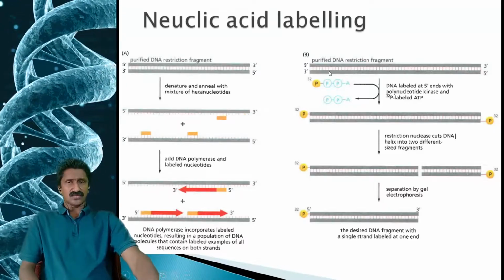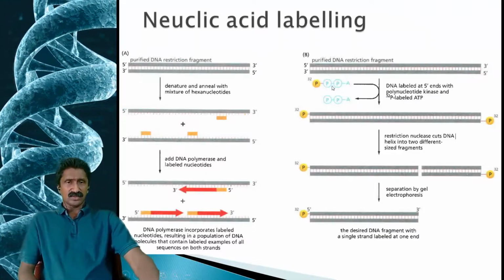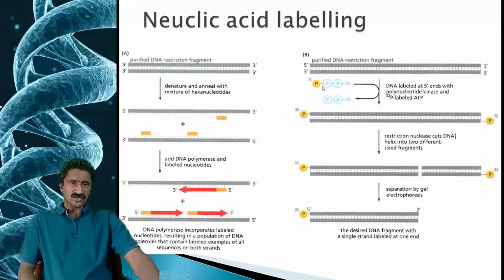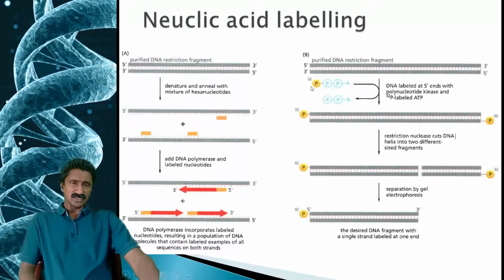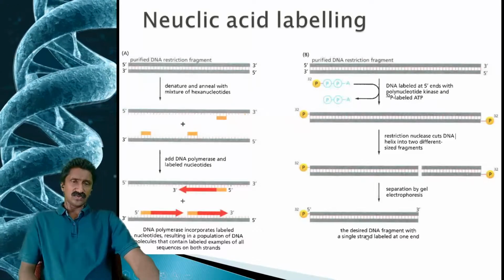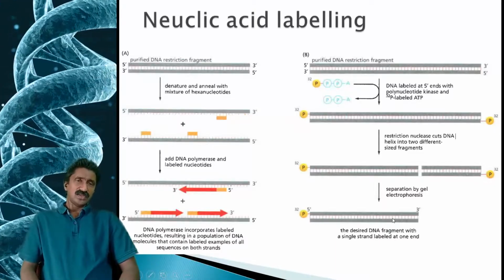Another method of nucleic acid labeling is radioactive labeling, where the 5' end is attached with a radioactive phosphate, which can again be used for identification, with autoradiography-based identification of the sequences.